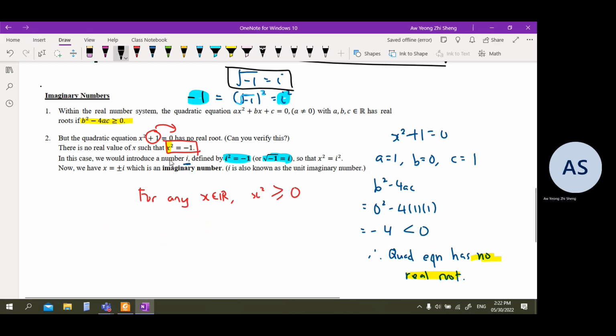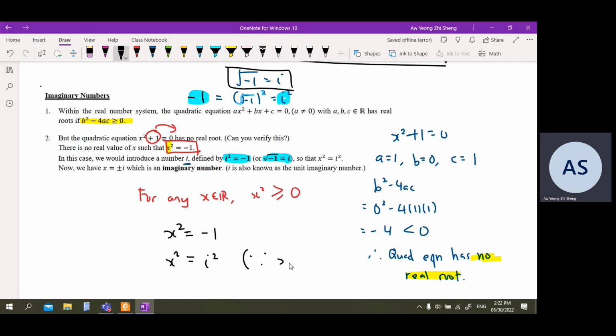Now, if we introduce such a number i, then in the equation x squared equals negative 1, the right-hand side of negative 1 can now be replaced by i squared, because we have i squared equal to negative 1.